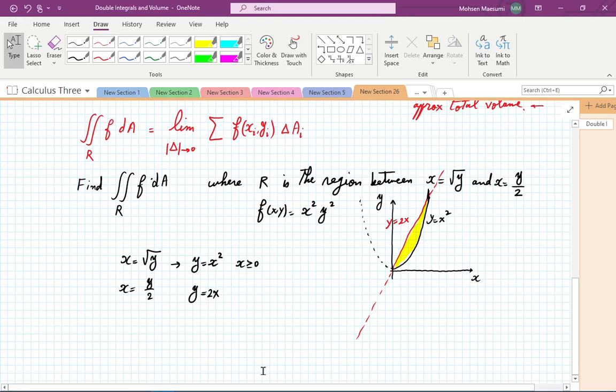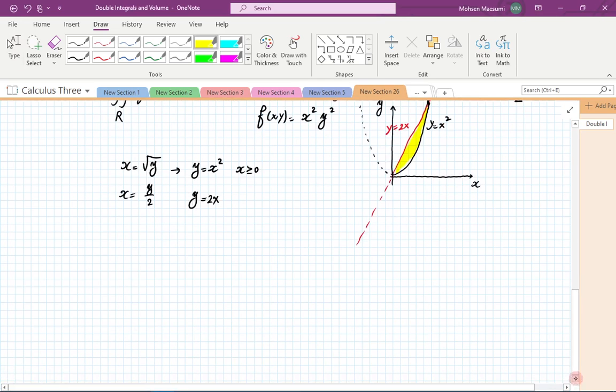Now, as we said last time, you always have a choice of integrating in the x direction first or integrating in the y direction. Sometimes they are the same amount of work, sometimes one of them is much easier than the other one. Just to have that in your mind, that you have two choices. Okay, let's go after one of these choices.